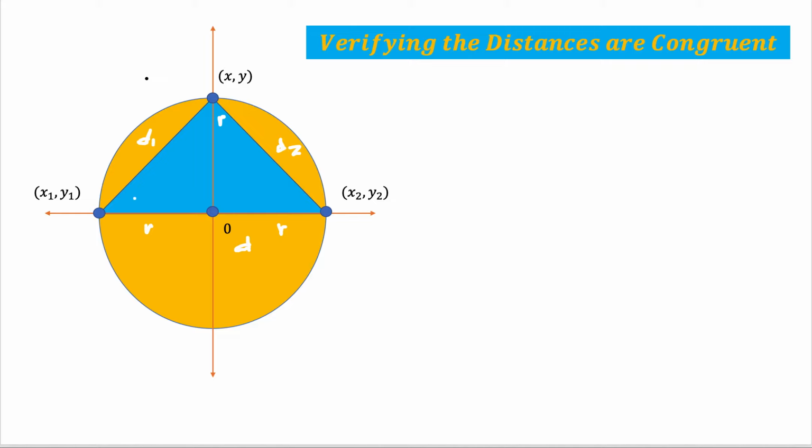So now if we are looking at the coordinates, x1 and y1, the distance here from x1 to x is equal to x1 minus x, and looking at the y coordinate, it is equal to y minus y1.